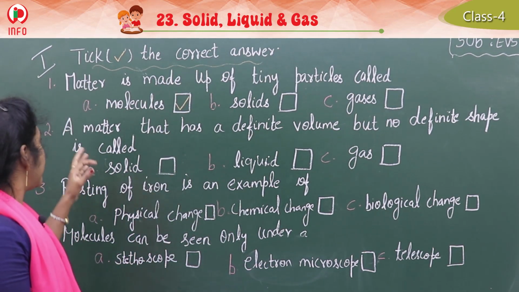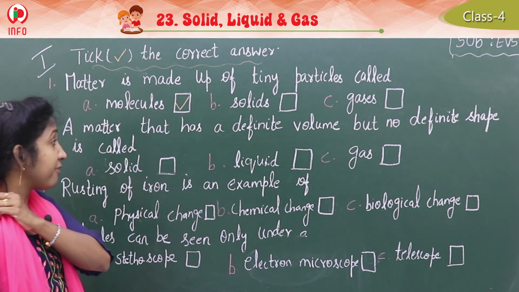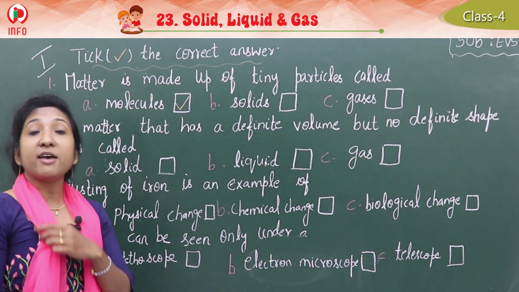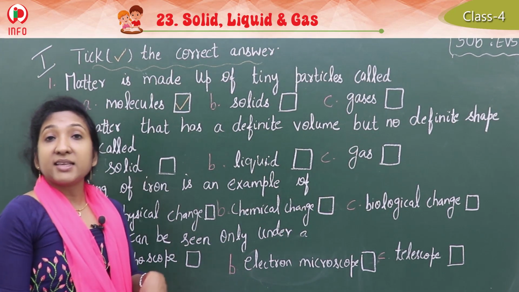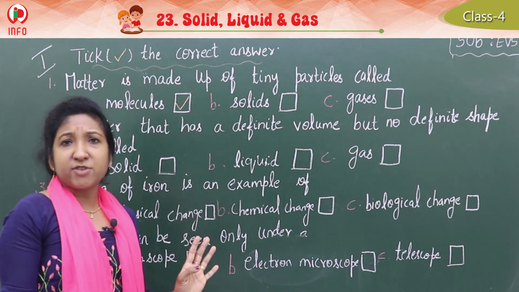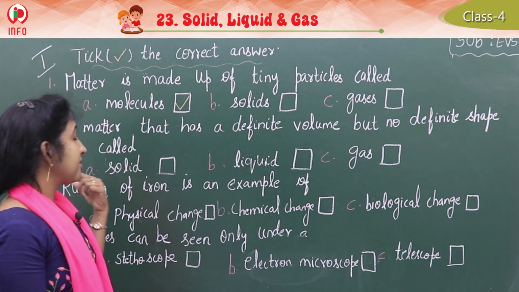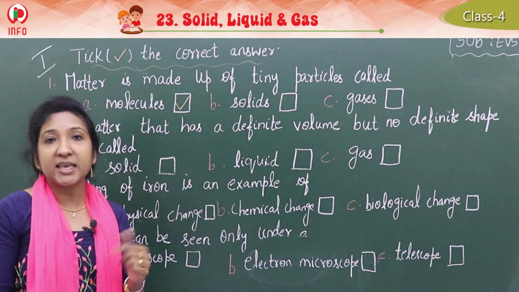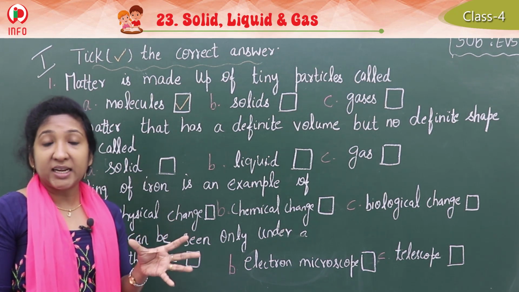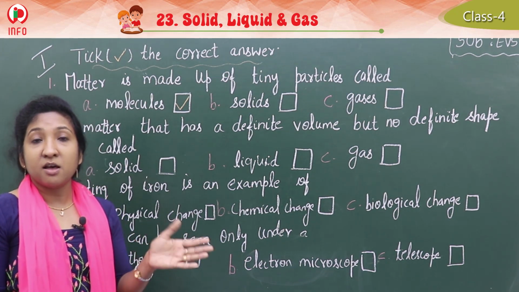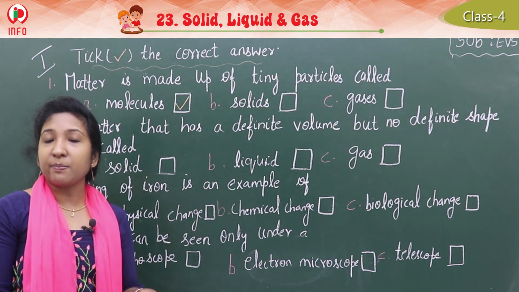Okay. Now coming to the second question. A matter that has a definite volume but no definite shape. Which is that? Solid, liquid or gas? Option A solid, option B liquid, option C gas. In solids, the molecules are tightly packed, closely packed, so the force of attraction is so strong, so they have a definite shape and volume.